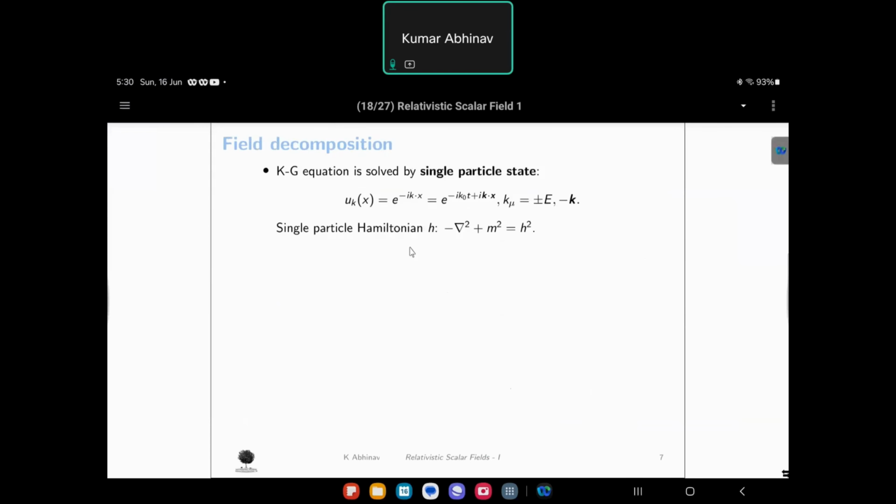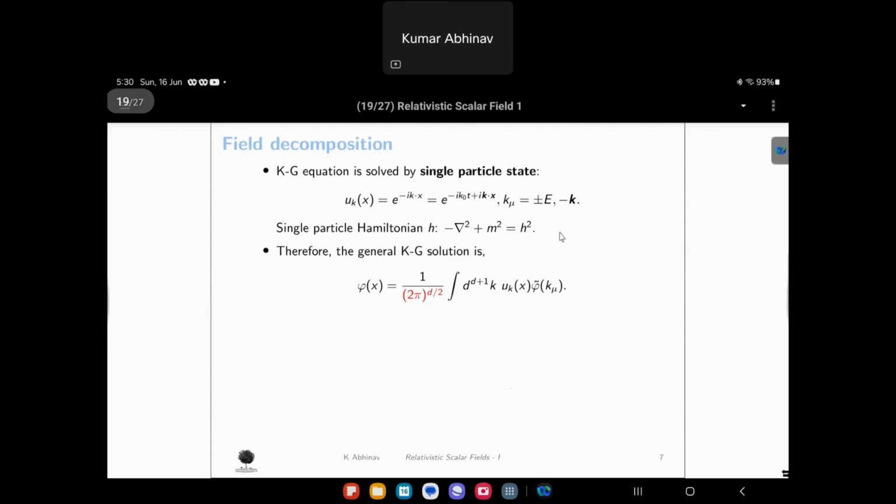And correspondingly, you can define a single particle Hamiltonian also, which just looks like this: the negative Laplacian plus m square, that is the square of the single particle Hamiltonian. Now the point is that because this single particle state solves the Klein-Gordon equation, any general state can be expressed as a linear combination of these single particle states.